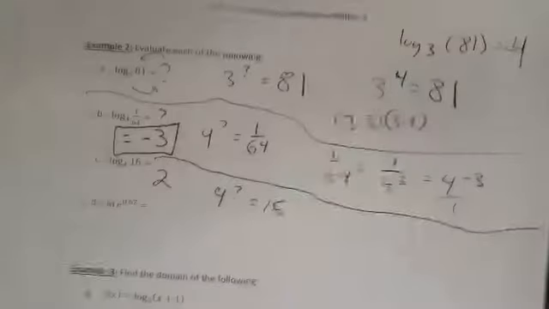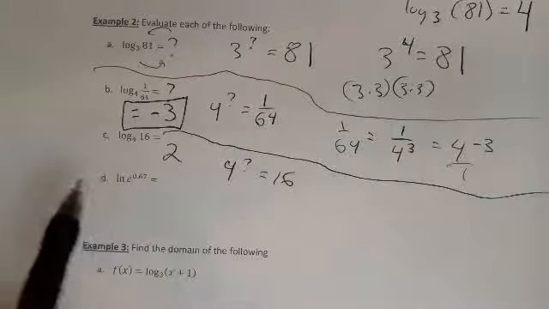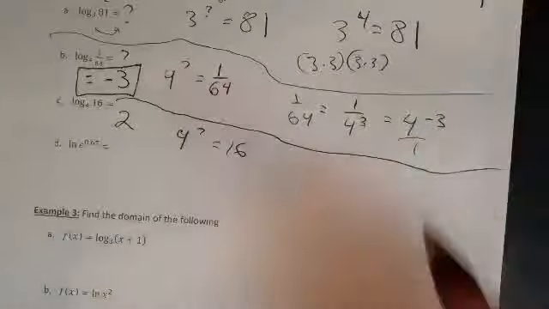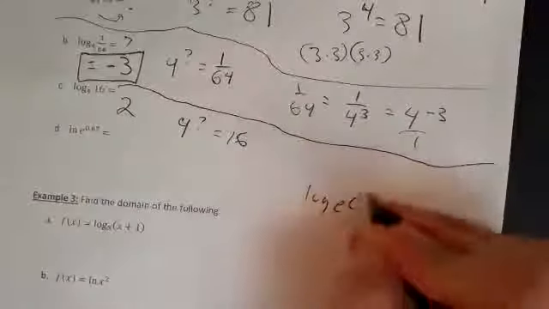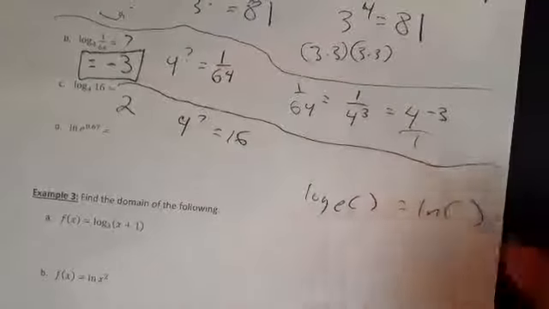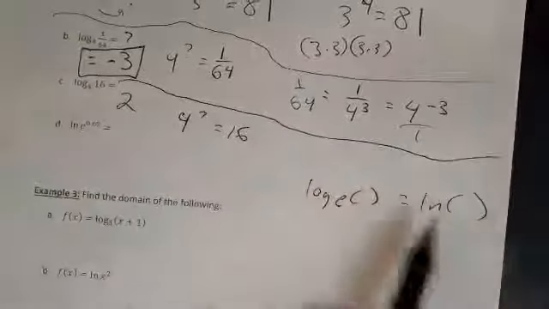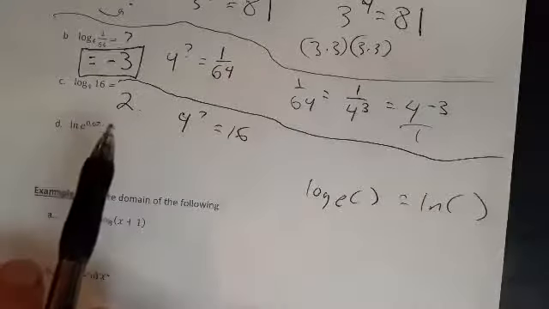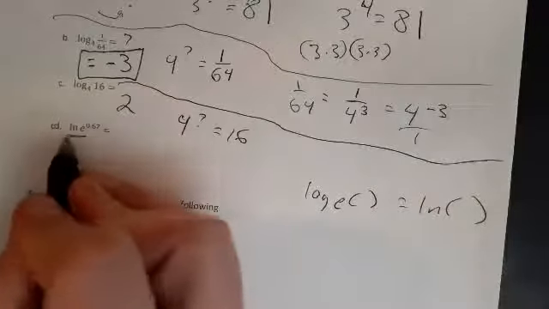And now, just to be weird, I think they threw this one at you. You could try to do something weird, but I think they want you to realize that if we have a base e, they don't write log base e, right? They're going to write ln. And that stands for natural log, or it's a log base e essentially. And so if we're doing the log of base e, and then we have a base e to some kind of number, what do we know about these two things, the ln and the e?